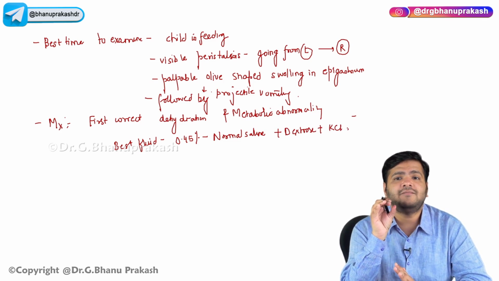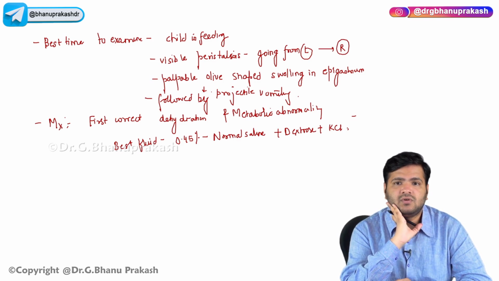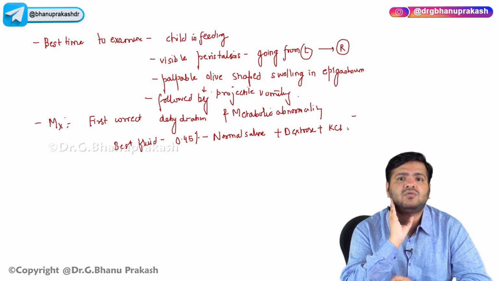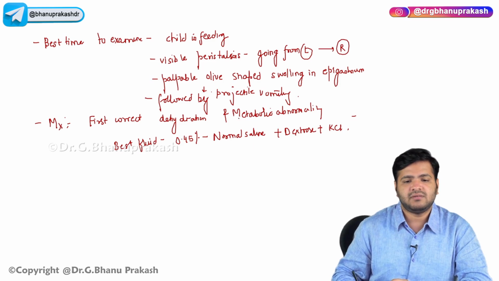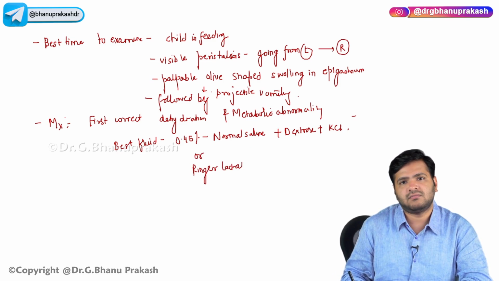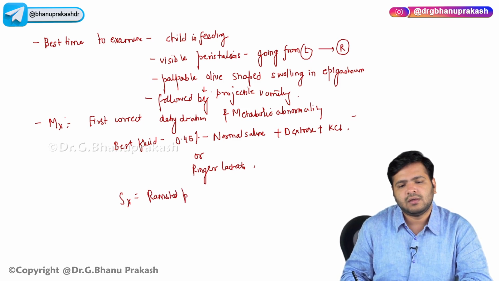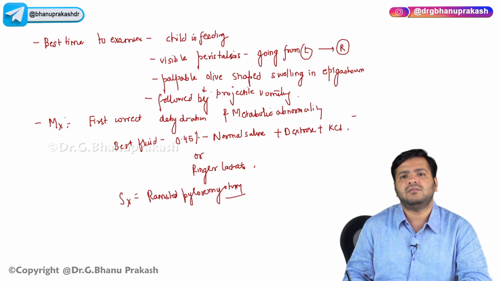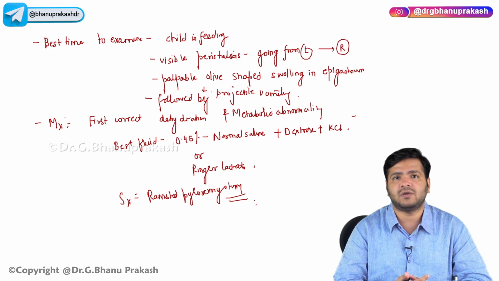See, KCl is only added when the renal function is resolved, okay? So just to assure the renal function, then only KCl is added, right? Or simply you can give ringer lactate, okay? And the surgery which you can do is Ramstedt pyloromyotomy, okay, just to cut this particular muscle and excise it off. So that is about the congenital hypertrophic pyloric stenosis.